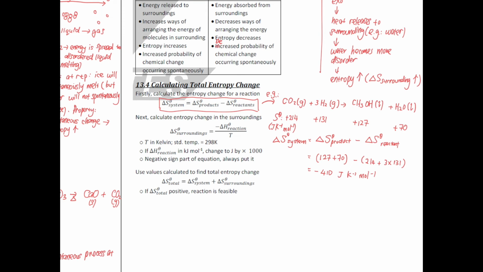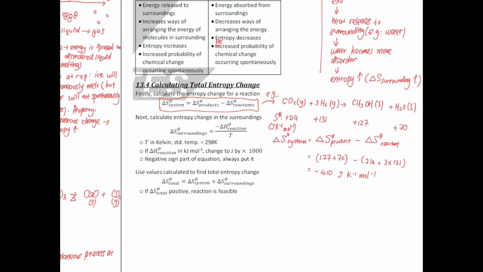If you want to calculate the entropy change in the surroundings, this is the formula: entropy change of the surroundings. You have to use the enthalpy change of the reaction, then divide by T. T is temperature in Kelvin.